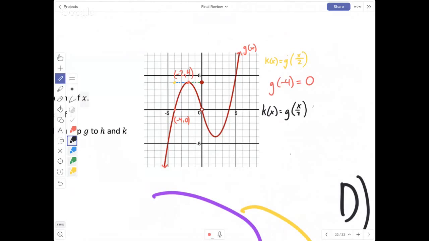So I'm going to say k of -8 will equal g of -8 over 2. -8 over 2 is -4. So this is g of -4. What is g of -4? Well, quite clearly, 0. K of -8 equals 0.